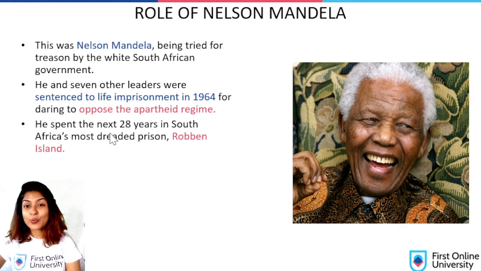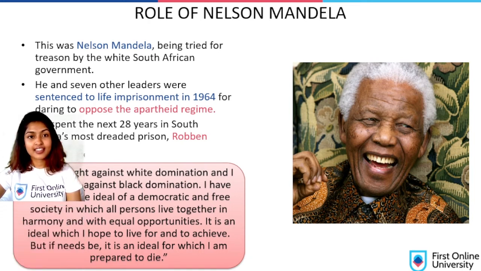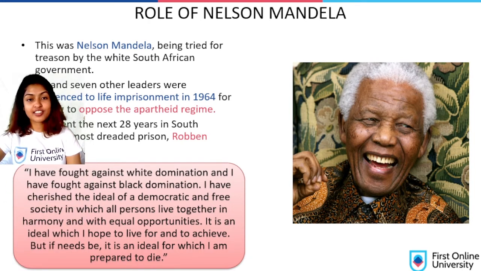He spent around 28 years in South Africa's most dreaded prison, Robben Island. This is a statement that speaks of his courage and his struggle against this kind of oppression. You can take a look at this box.